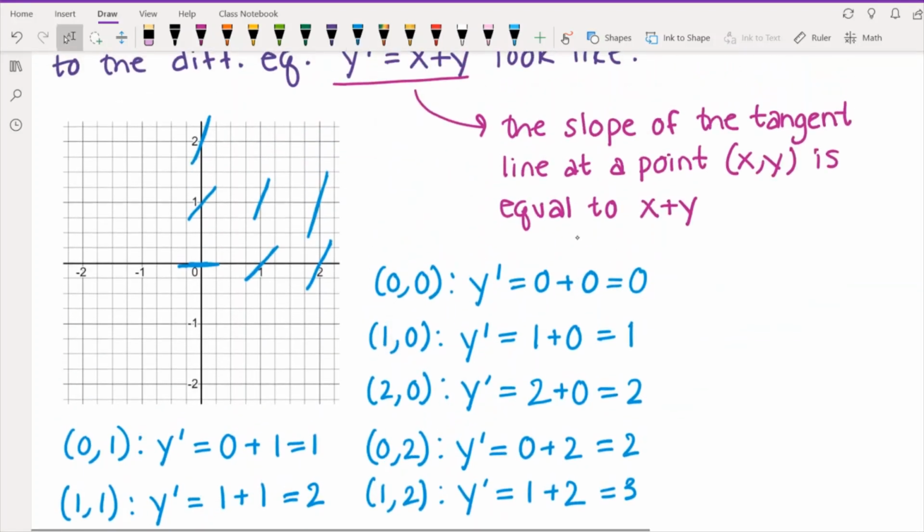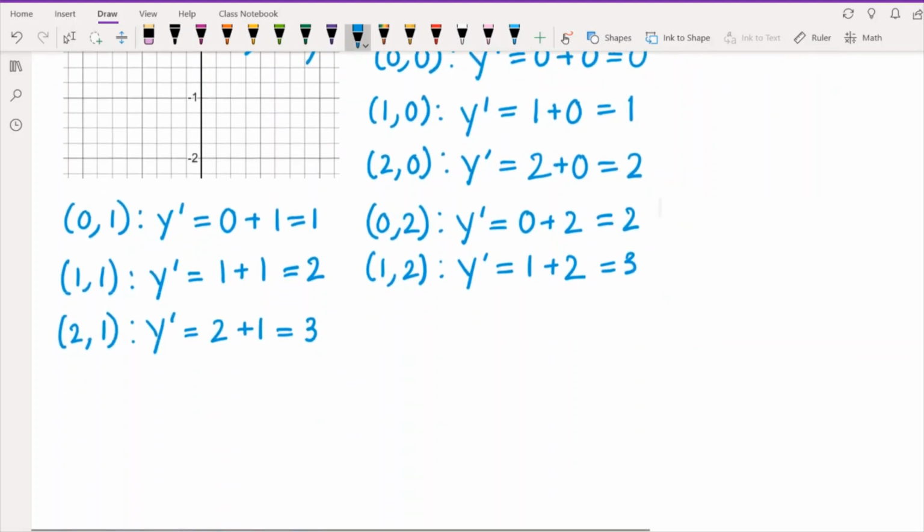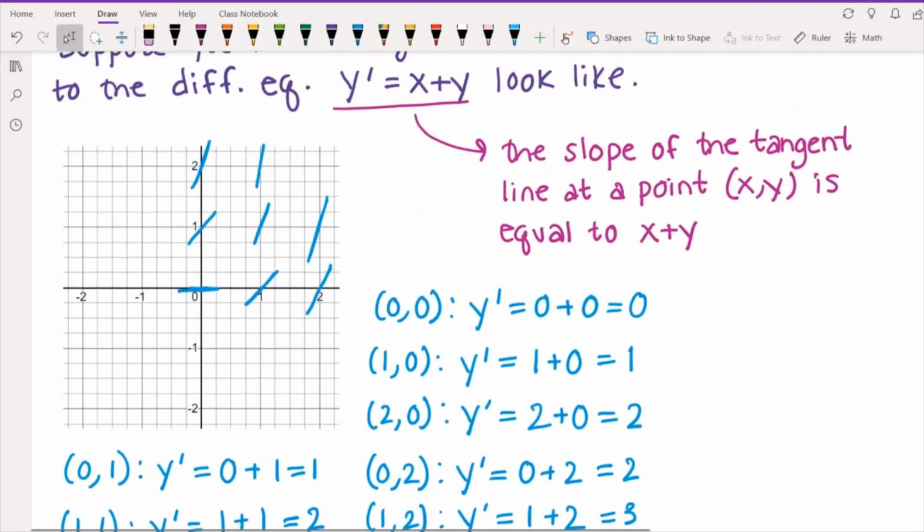So at the point (1, 2), we're going to have a steeper line with a slope of 3. And then at the point (2, 2), the slope would be equal to 2 plus 2, which is 4. So at (2, 2), we're going to have the very steepest one yet.